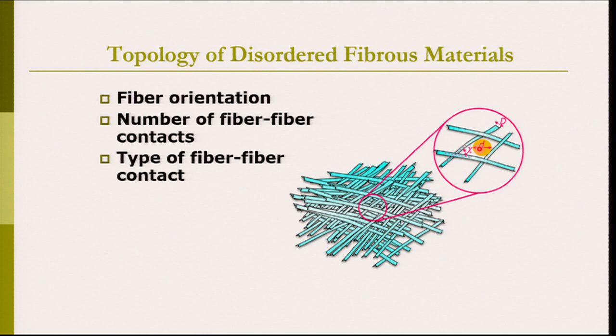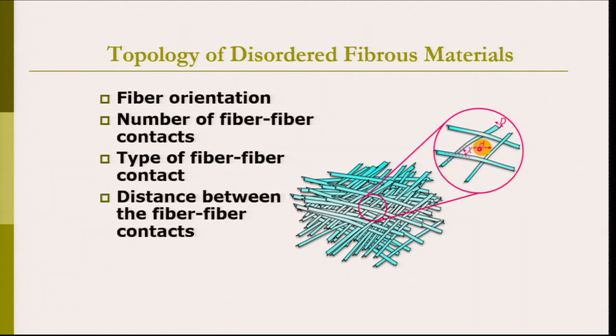So, the type of fiber to fiber contact plays a significant role. Based on the above three characteristics, one can also calculate the distance between the fiber to fiber contacts, which we are going to discuss in more detail in the next lecture.